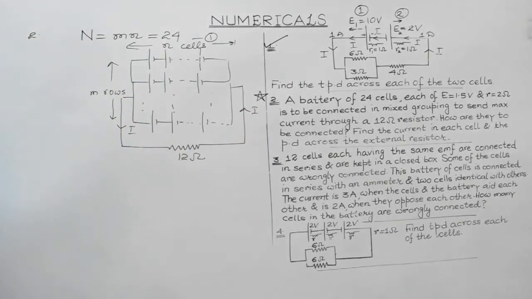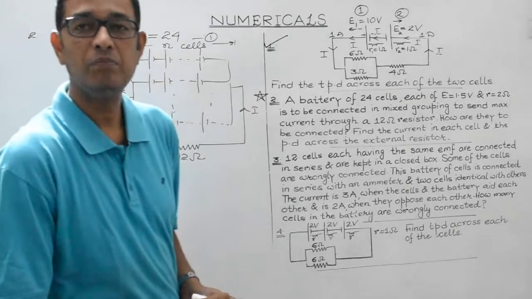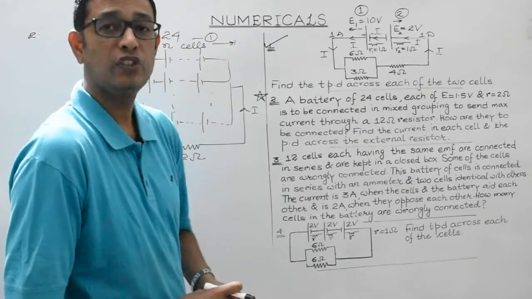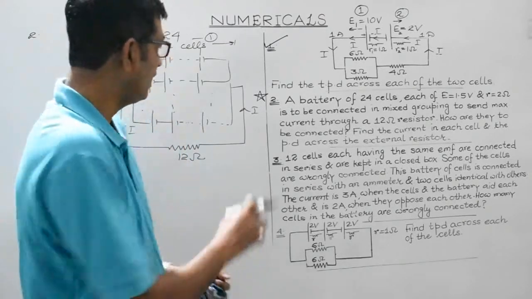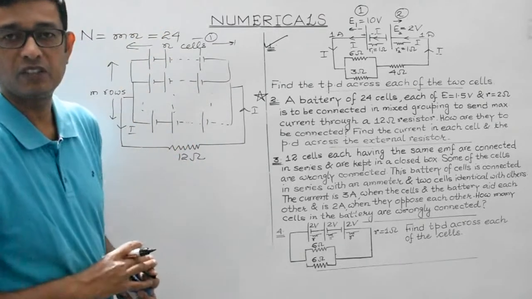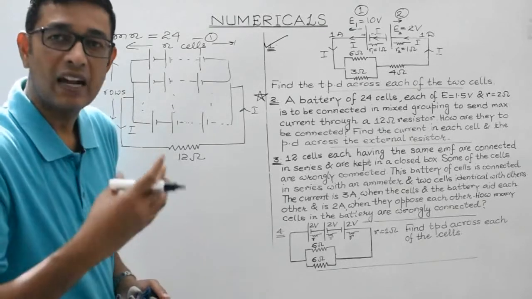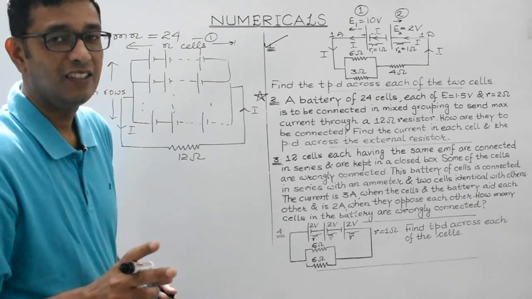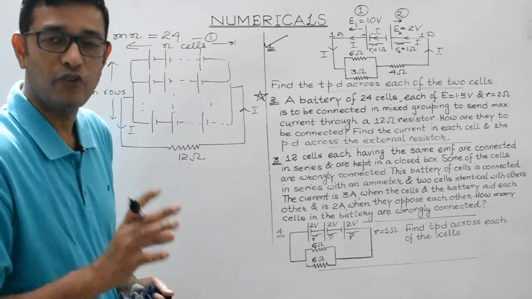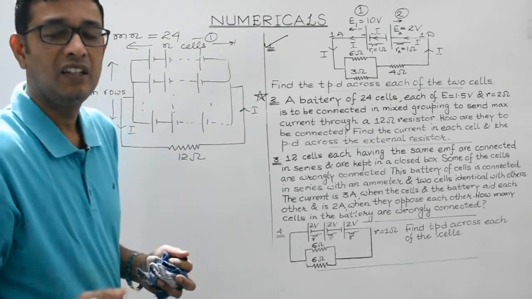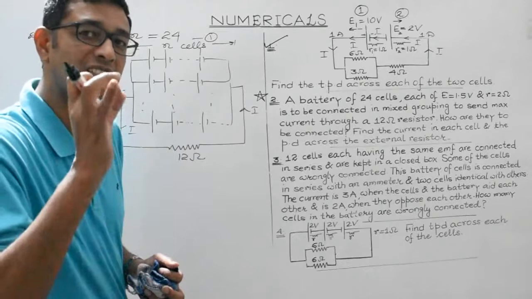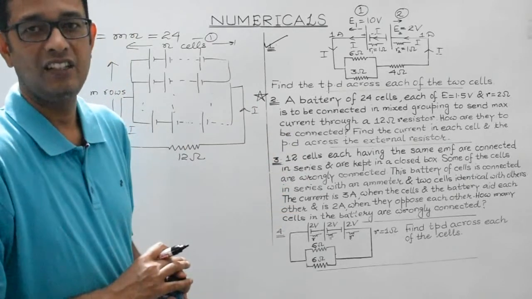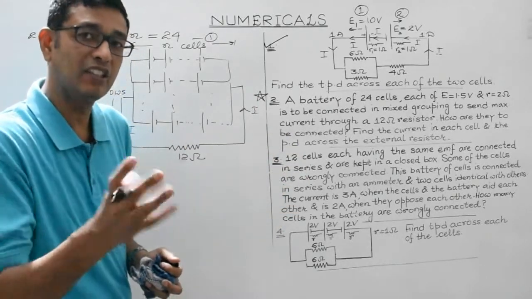Okay, let's try to find out the maximum current. Now students, you remember, current from the mixed grouping of cells is maximum only when the net internal resistance offered by the mixed grouping of the cells is exactly equal to the net external resistance. This is the condition which we have derived in the theoretical part.